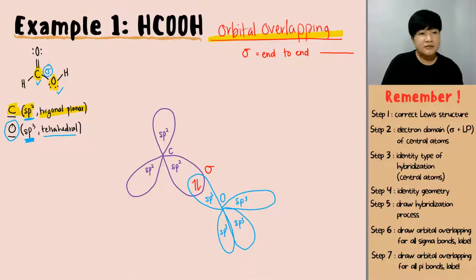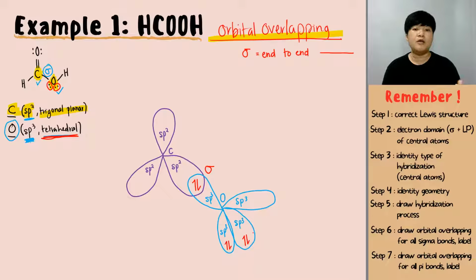Next, since oxygen has a lone pair, I want to position the lone pair first. It's a tetrahedral. If you remember in the video that we discussed about a central atom having a lone pair, for a tetrahedral, the lone pair can be located in any of the sp3 lobes. Okay, so according to my Lewis structure, my lone pair is located down here.